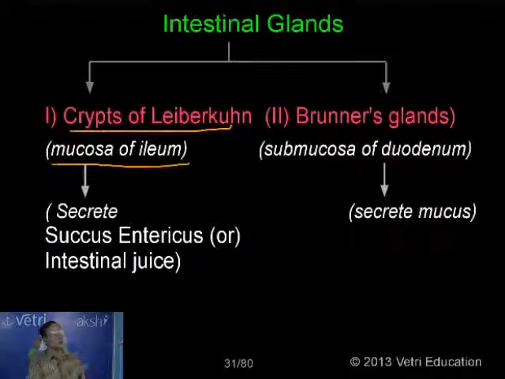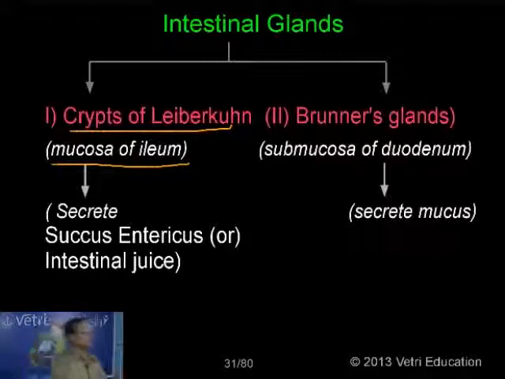The outer wall, the epithelial cells, being dipped into the loose connective tissue of the small intestine, develops the crypts of Lieberkuhn. The intestinal glands, normally in the ileum region, particularly the mucosal layer, are concerned with the secretion of the intestinal juice, technically called succus entericus. The juice secreted by the crypts of Lieberkuhn is called intestinal juice or succus entericus.